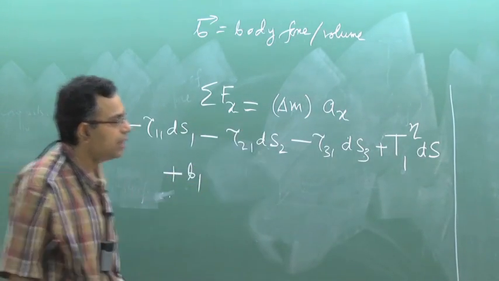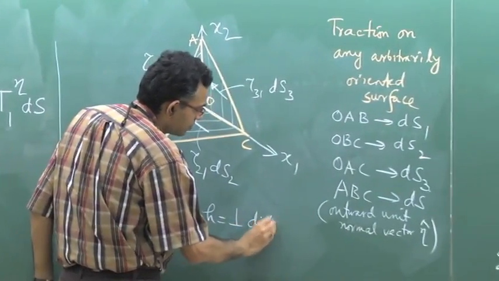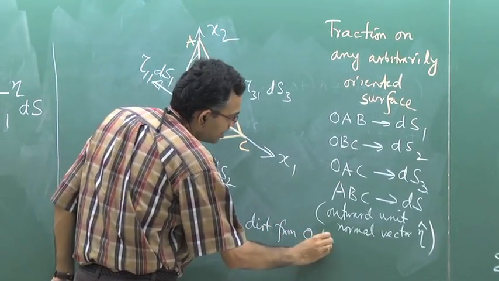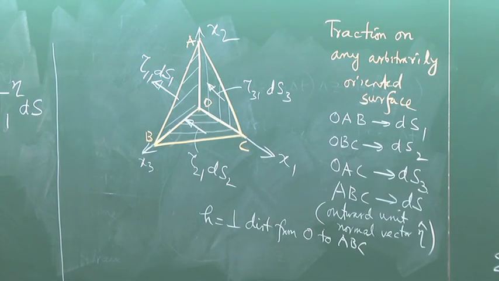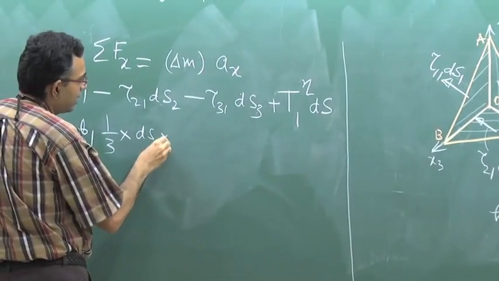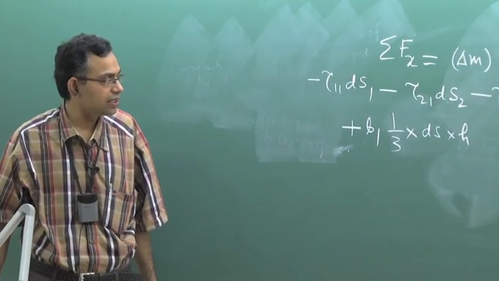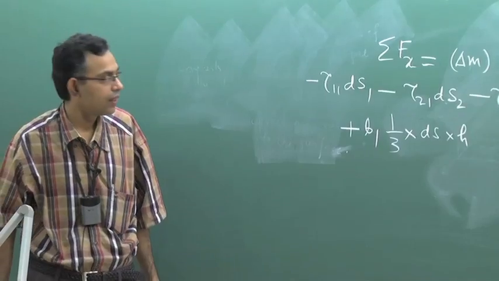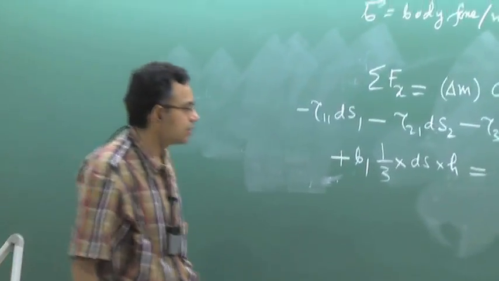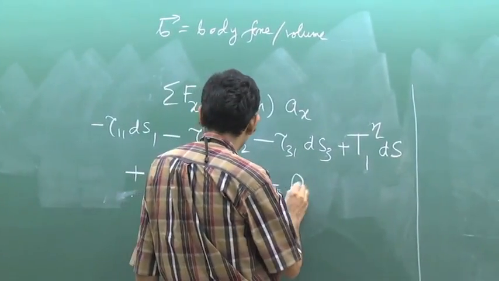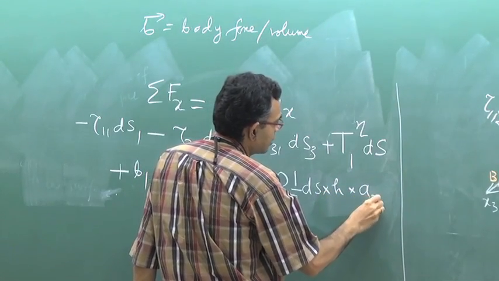What is the volume of this element? Let us say that h is the perpendicular distance from O to ABC. So 1/3 into ds into h, that is the volume, right? This is the resultant force. This is equal to what? The mass, rho into volume, into acceleration along x, A1.